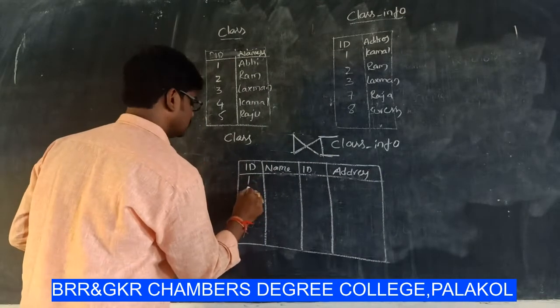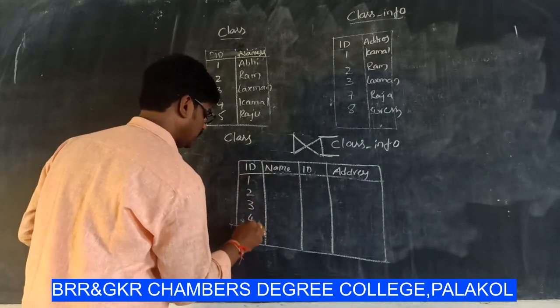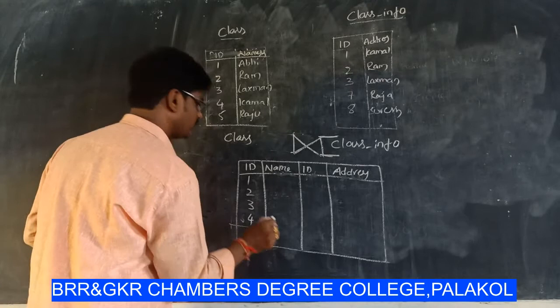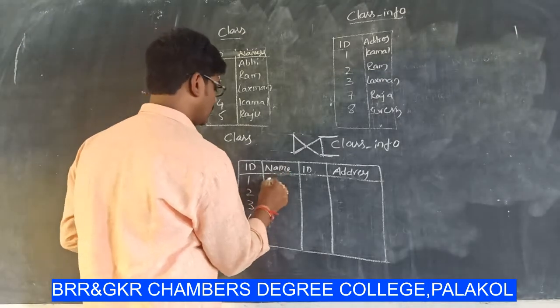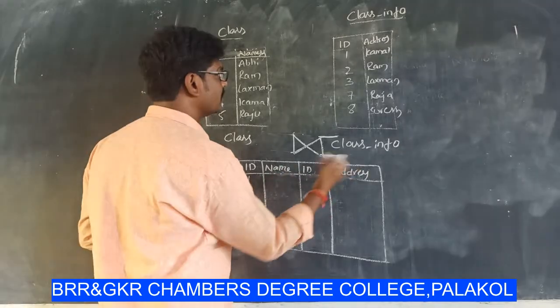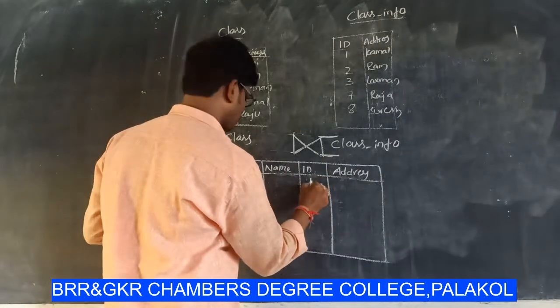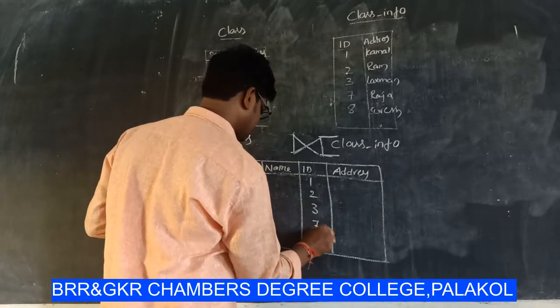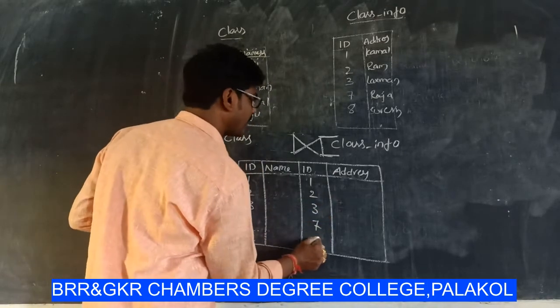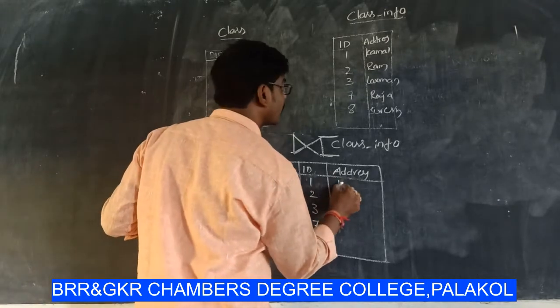The right table IDs are 1, 2, 3, 7, 8, so the right table must appear.